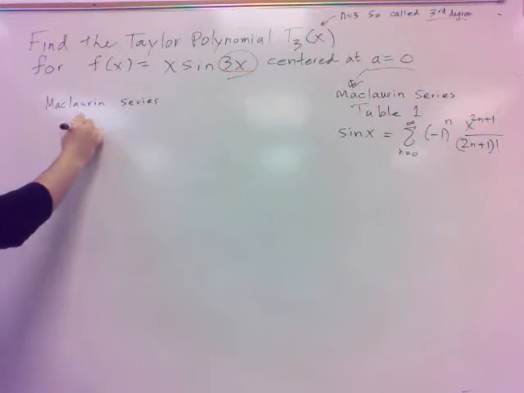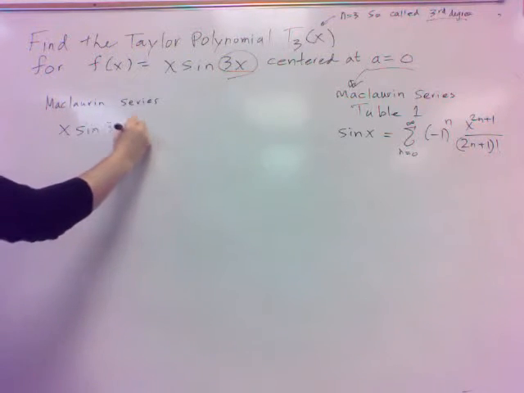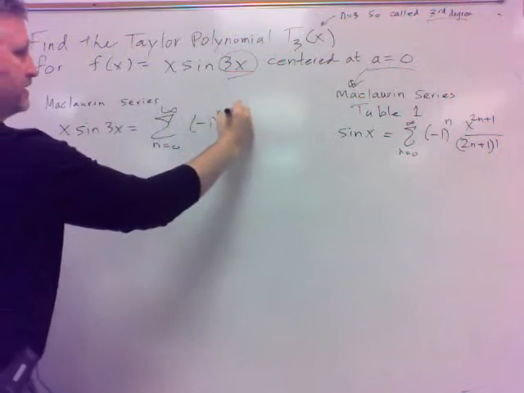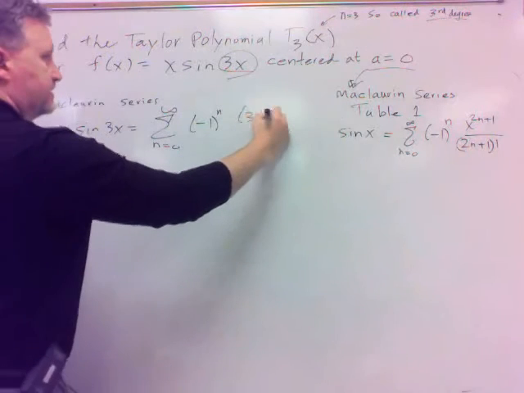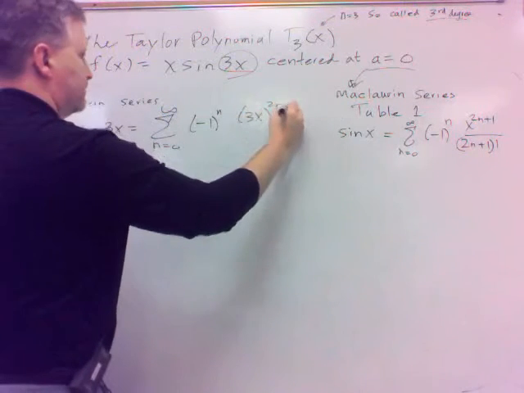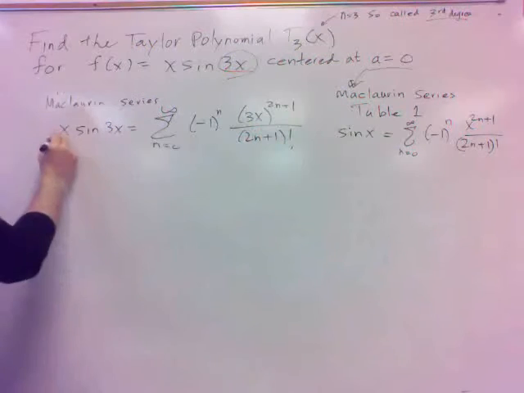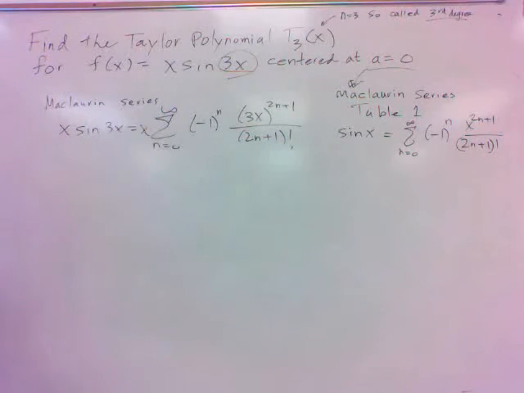So it'd be x sine 3x, sum n equals 0 to infinity, negative 1 to the n, 3x to the 2n plus 1, over 2n plus 1 factorial, and don't forget your x here in front. x times all that. Just plug in 3x for the x.